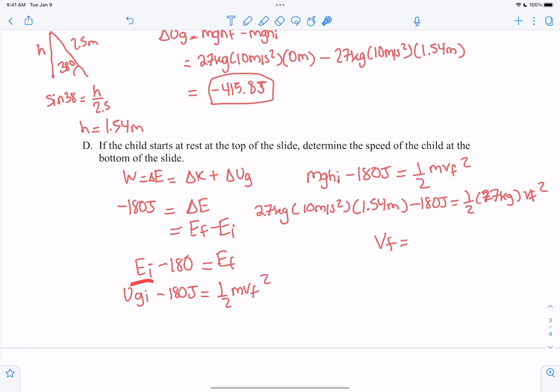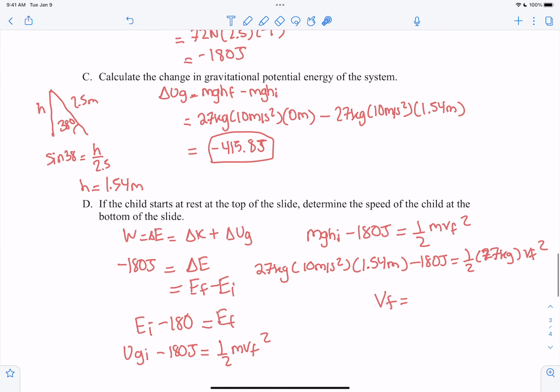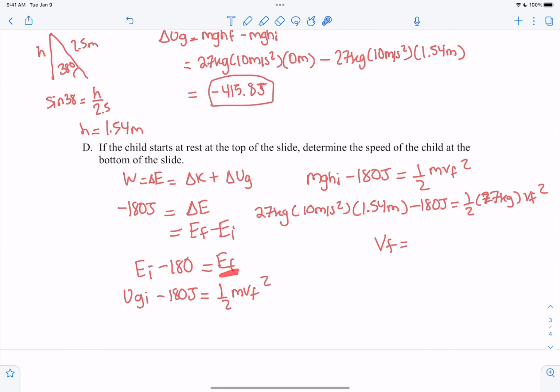Then you can simply look at, okay, what was my initial energy and what's my final energy? What components make up those energies? I started off only with gravitational potential energy. There was no movement at all. I was only sitting on top of that slide, so I only have potential to move. At the final point, it's all kinetic, because I've reached the bottom of the slide and the height is 0.